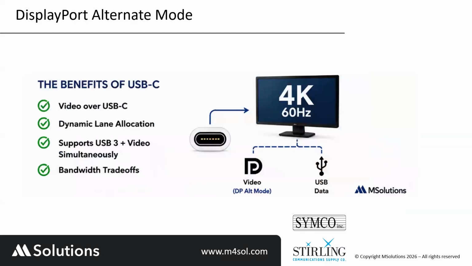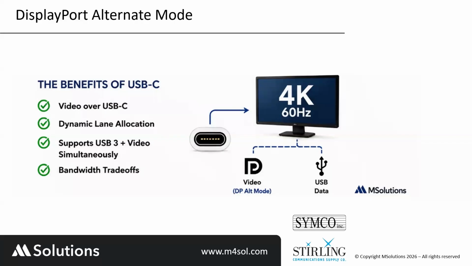Let's talk a little bit about DisplayPort and the alternate mode. DisplayPort Alternate Mode allows video and data to travel through the same USB-C connector. USB-C provides 4 high-speed lanes that can be dynamically allocated depending on the application's requirements. For maximum video performance, all 4 lanes can be assigned to the DisplayPort, providing high available video bandwidth.